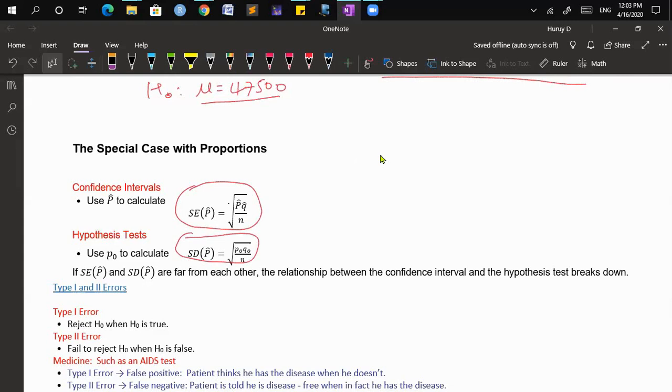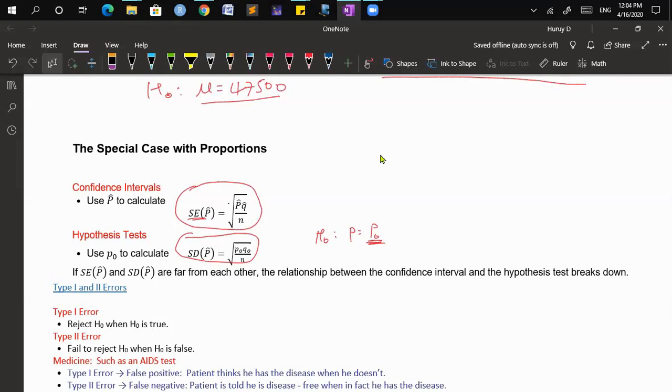We have H sub naught: p equals p sub naught, and we use this as a population parameter to calculate the standard deviation. But here, since we don't have any value like this, we use the sample proportions, and we call it the standard error. So be careful with this.